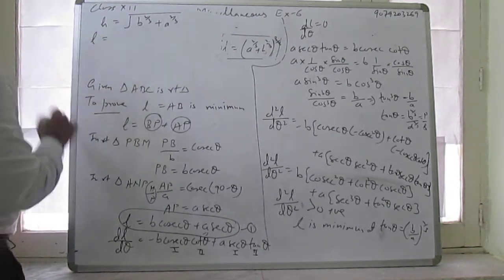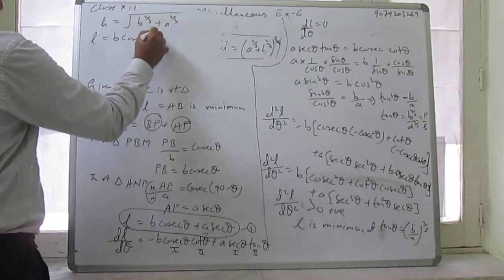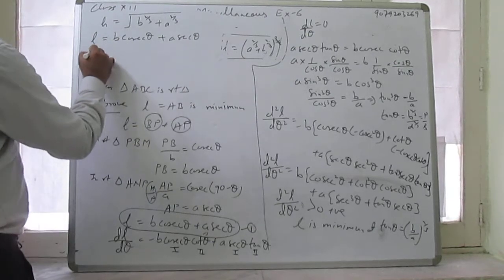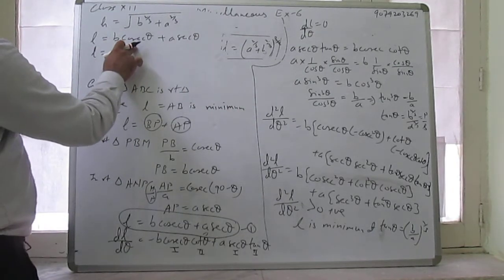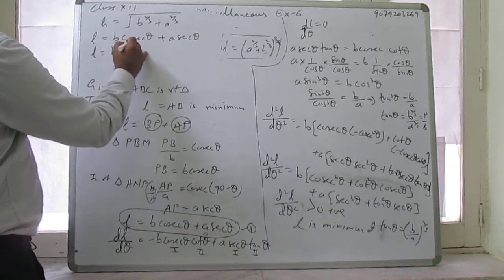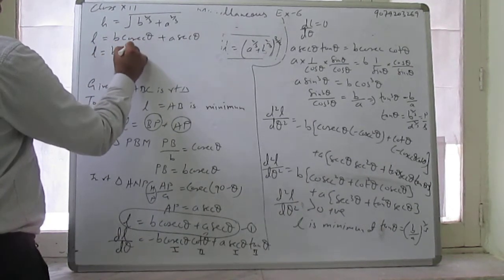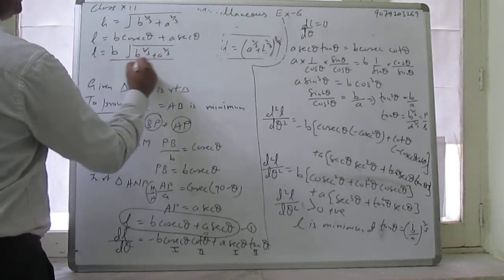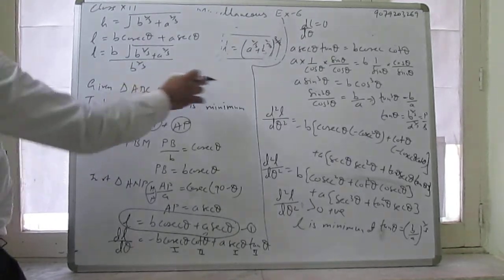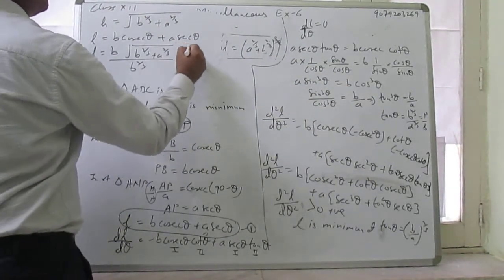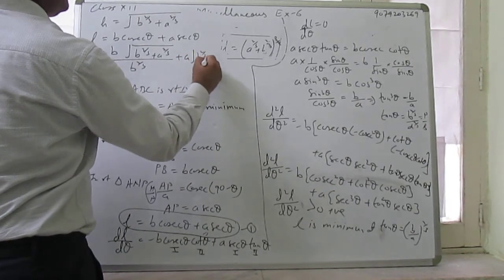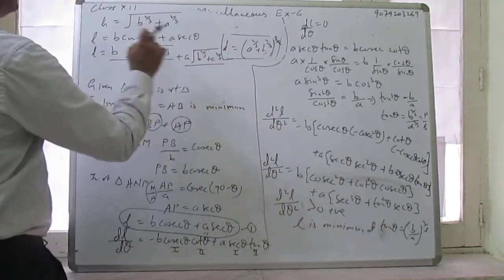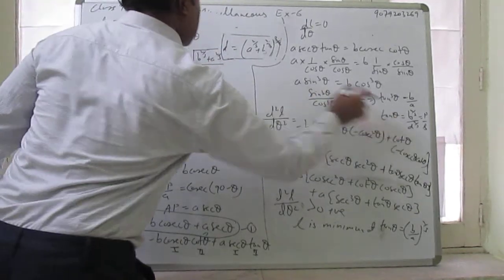Now what is L? L is B cosec theta plus A sec theta. B cosec theta is H upon P: hypotenuse upon the perpendicular, B to the power 1 by 3. And sec theta is hypotenuse upon base, where the base is A to the power 1 by 3.